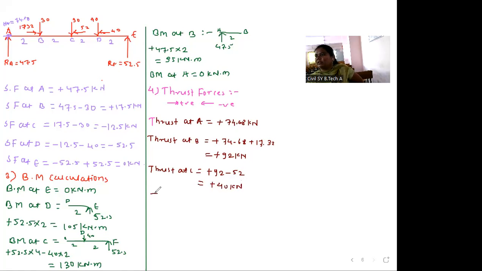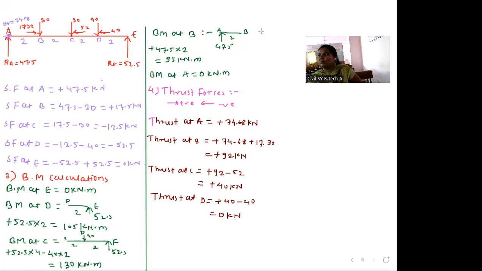After that, thrust at D, up to D point plus 40, and at D point the force is going right to left, so minus 40, which is equal to 0 kilonewton. And at E thrust is 0 already because there is no force. So these are the thrust calculations.